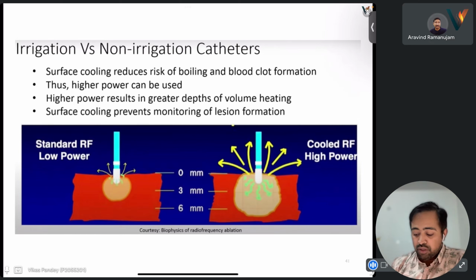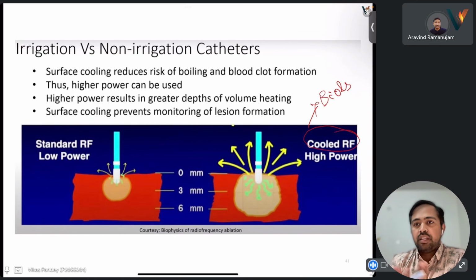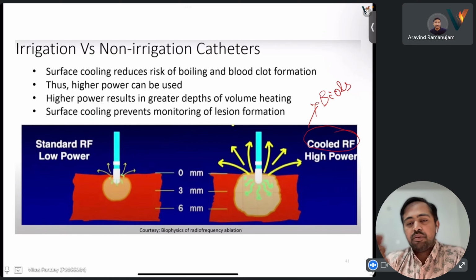One other advantage of this is that there will be no boils. Since we are burning in a sense, if we just burn it and leave it, some other problems can develop, like boils.